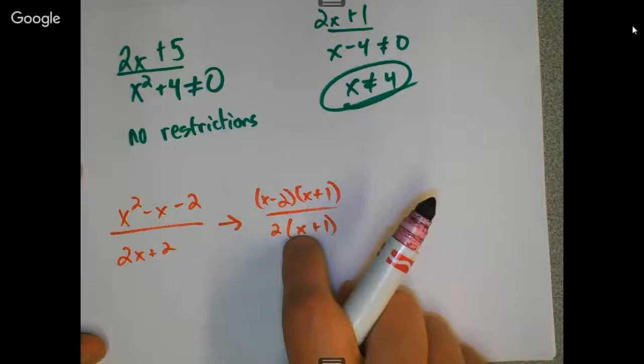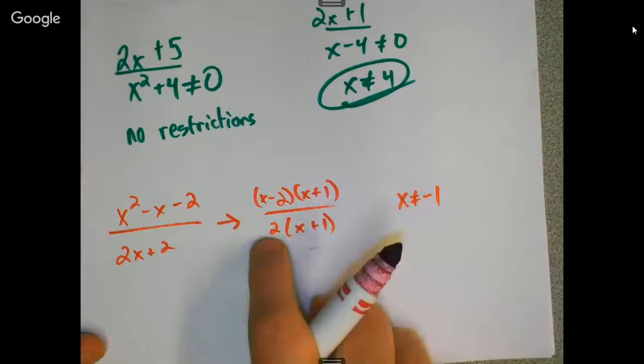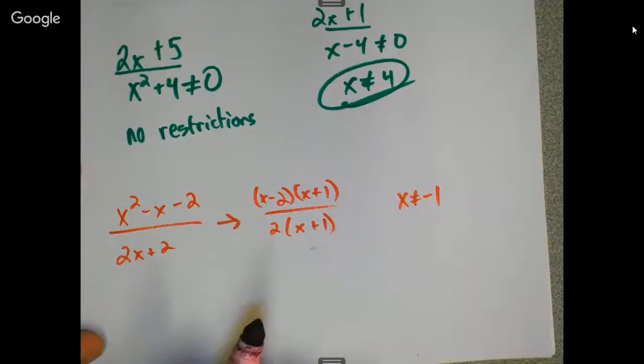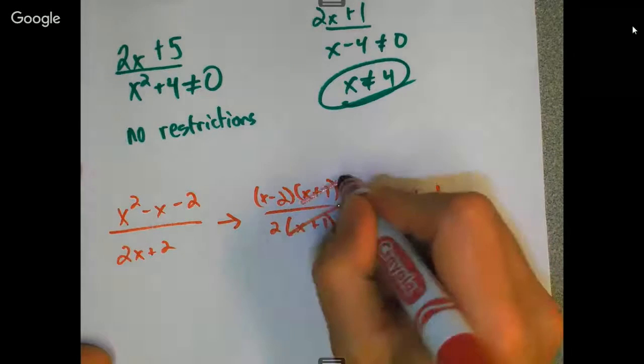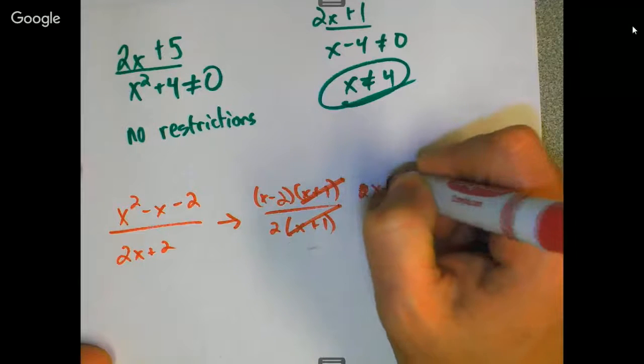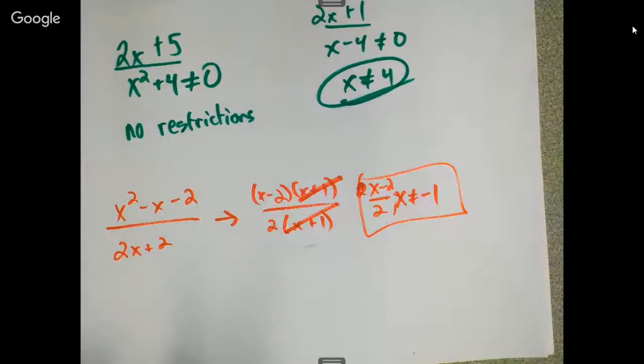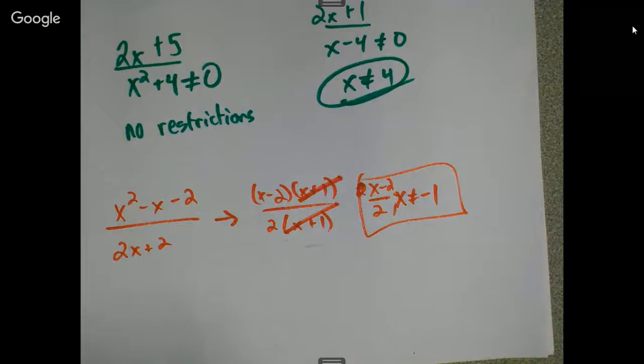Well, I know x can't be negative 1 because this will be 0, and there's no variable over here, so that doesn't matter. Okay, and then we cancel. So then we have x minus 2 over 2 and our domain restriction. Okay, so you can factor and just simply cancel things out.